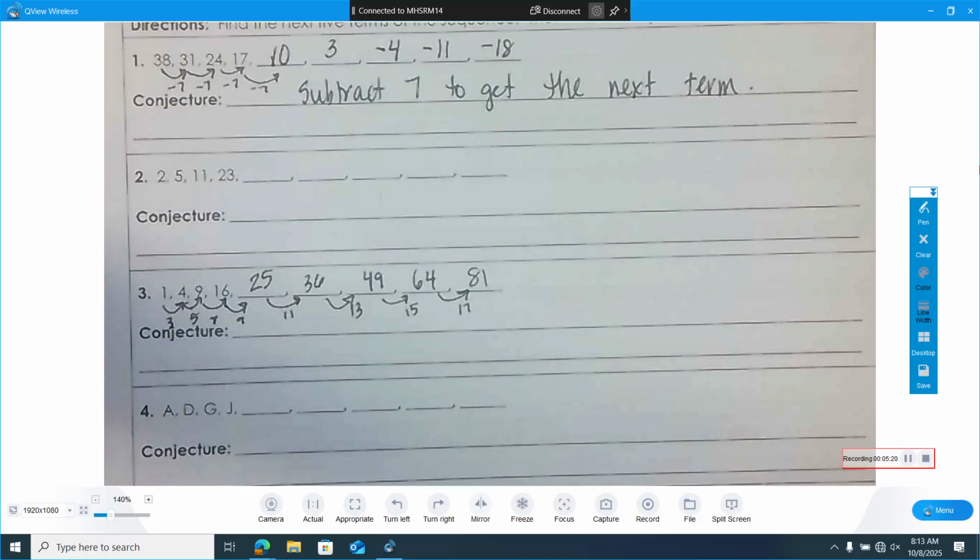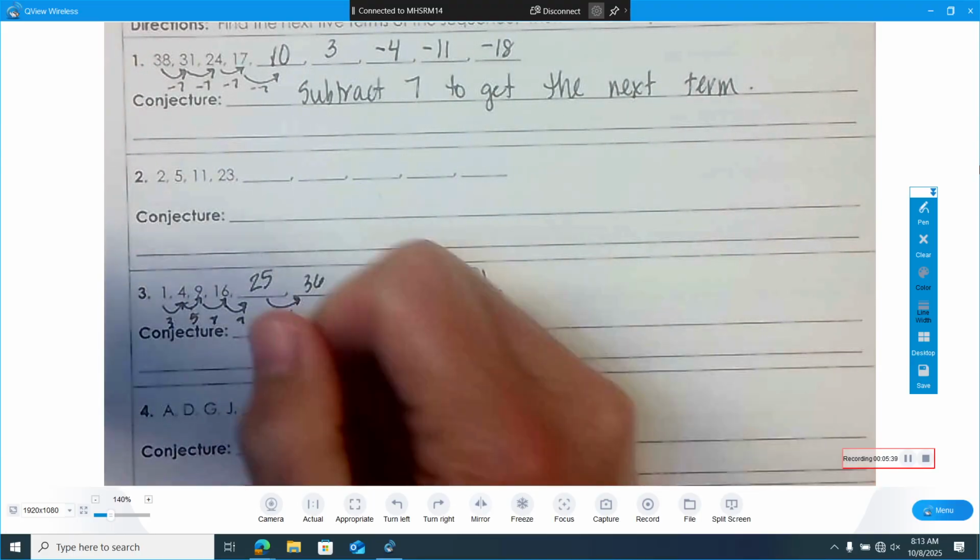All right, well, what's our conjecture here? It slowly increases by odd numbers. The next term is generated by adding the next odd number? Something like that? Okay.